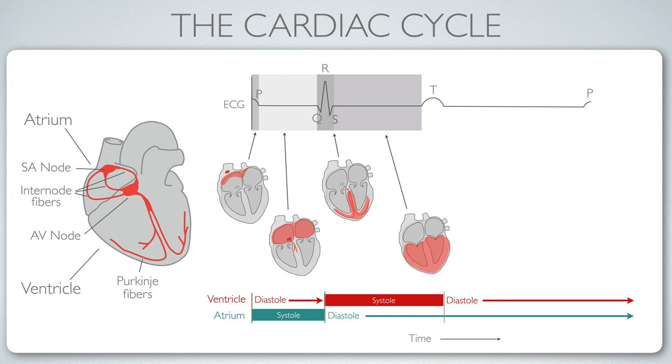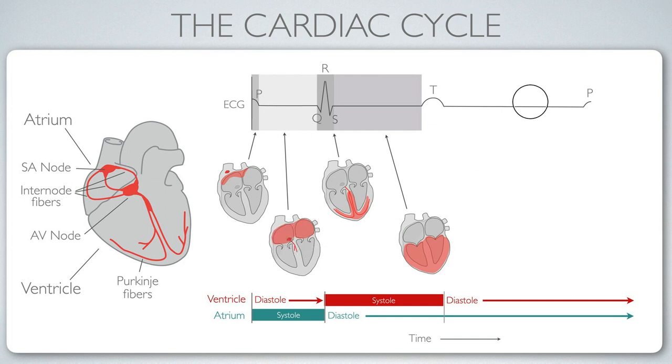Again, ECGs reflect changes in electrical activity, not the current state of electrical activity. So we have a flat period of time here for the ventricle when it's fully activated, and here for the atrium for the same reason.